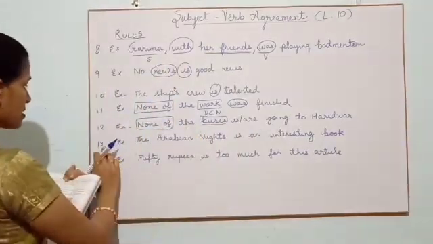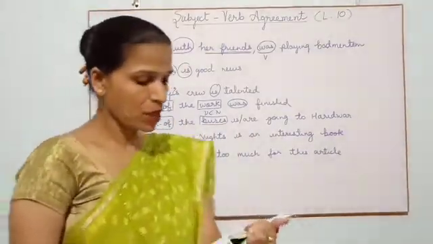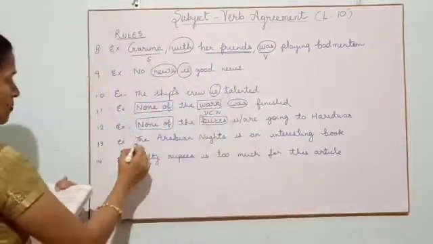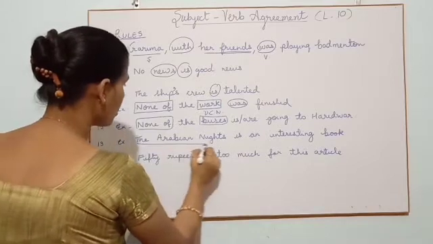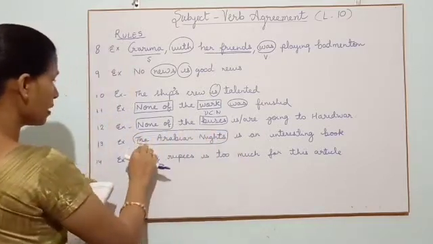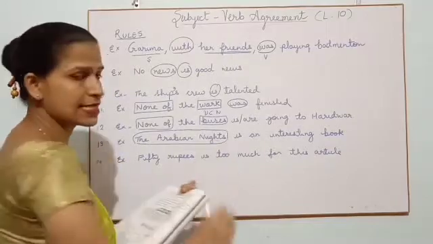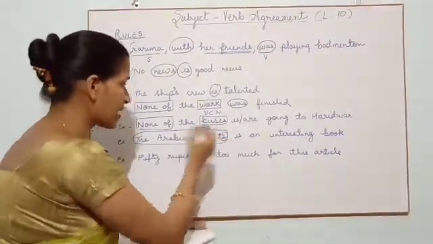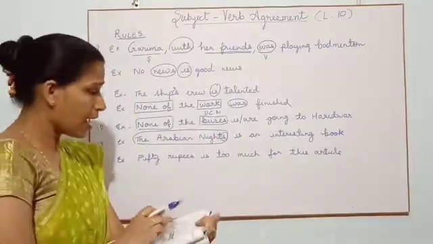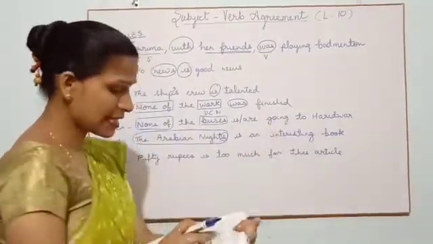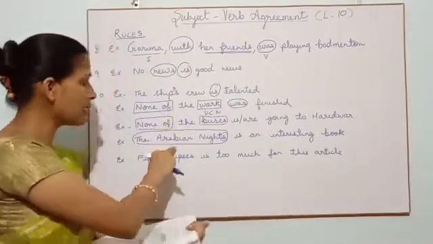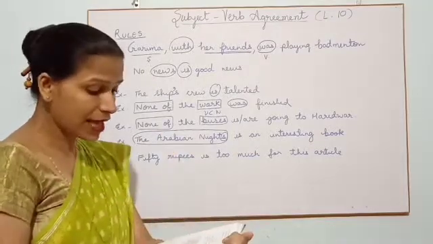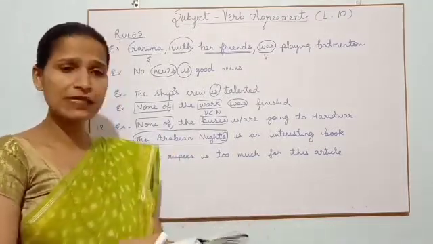So here is a sentence. The 13th one says, when a plural noun is a proper name. This is also a little important. The Arabian Nights is an interesting book. This is a plural noun because it has nights, isn't it? It is a proper name because it is the name of a book, the name of some single object.